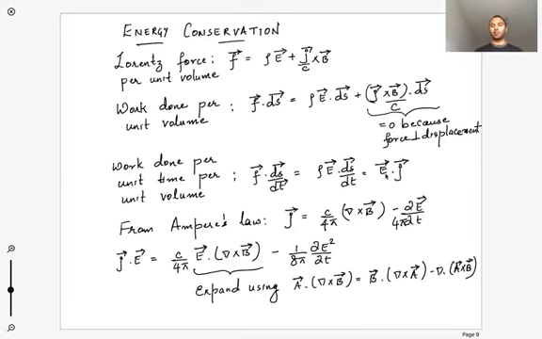And I'm going to substitute for J here. So J dot E is equal to, I'm going to substitute for J from Ampere's law. So I have the first term here is curl of B and dot with E. I'm doing J dot E.